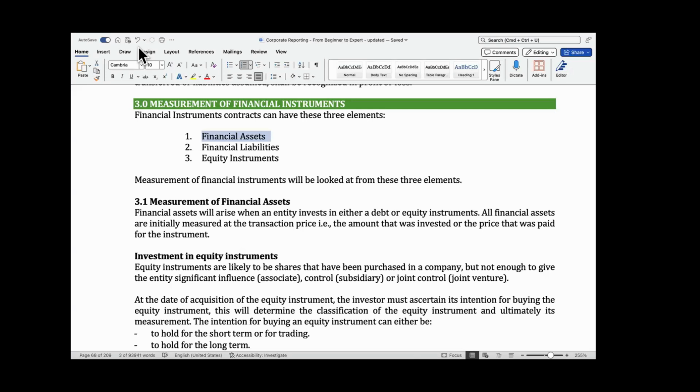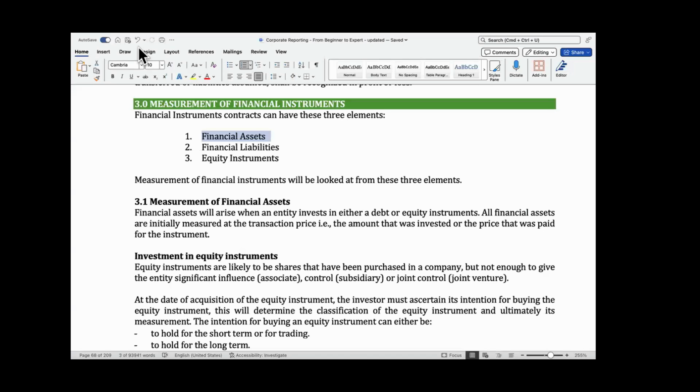But the second basis, contractual cash flow characteristics, is a permanent feature in almost all debt investments, because it means there is a contract that will collect interest and principal.